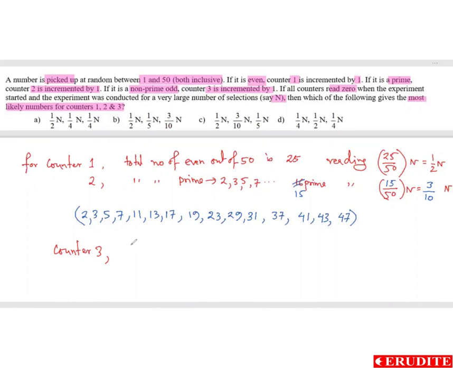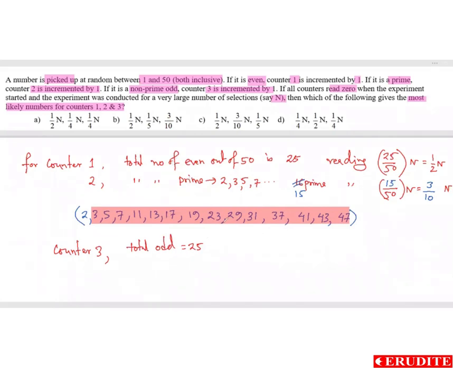To find it out, we know the total odd is 25, and out of that, the prime odd, if I am considering, would be 15 minus 1, so 14 are prime odd.